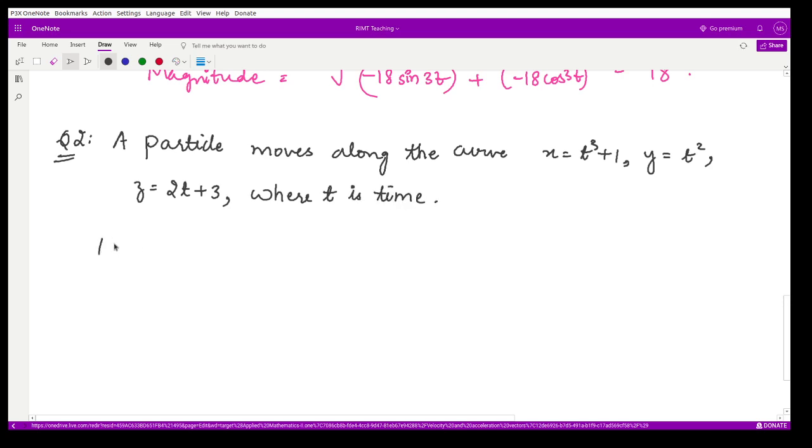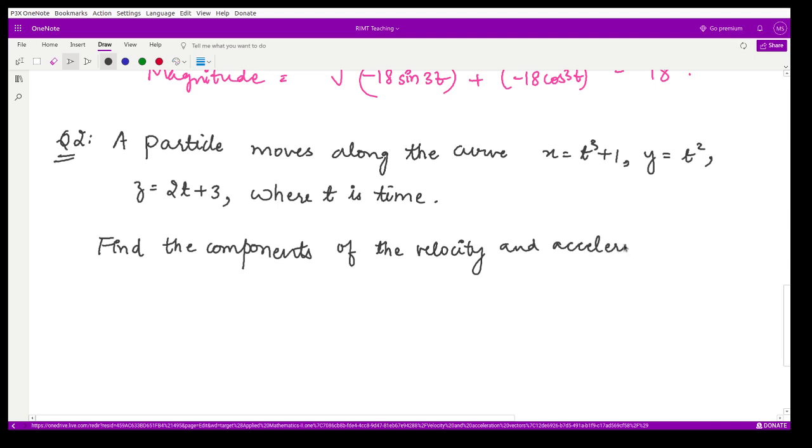Then you are asked to find the components of the velocity and acceleration at time t is equal to 1 in the direction of i cap plus j cap plus 3k cap. So this is what you are asked here.